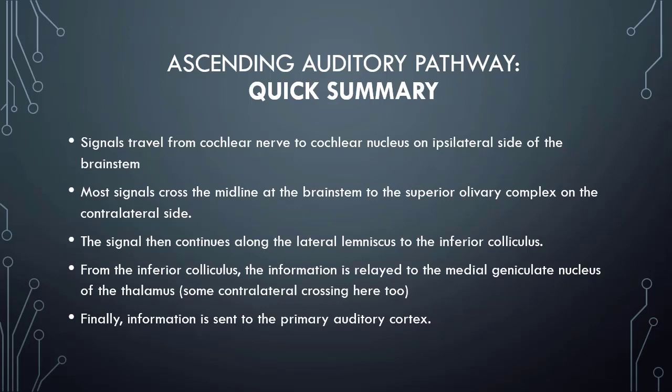The thing you should remember from all of this is the structures that this pathway goes through, in order. We talked about a few things you need to know for the sensory systems: how transduction happens, what the pathways are, and then how we accomplish some of the functions. This portion we just talked about, and pretty much this quick summary, is a list of what happens in the pathway to get from the ear to the brain.